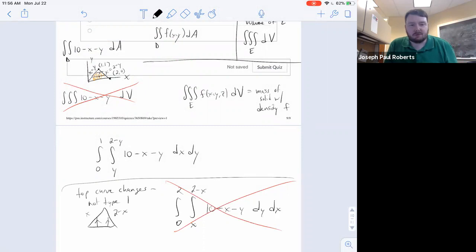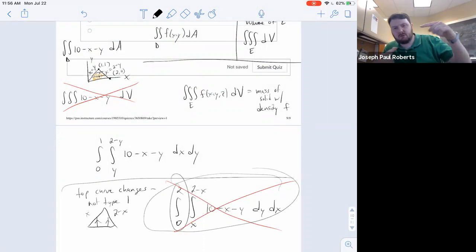And so therefore, this region's not type 1. You can't do it in a single dy dx situation. Basically, when I write this, I'm saying that x is the bottom curve, 2 minus x is the top. But that doesn't make sense because those two intersect at x equals 1. And so it's just bogus. So not good. Make sure you're careful about that.